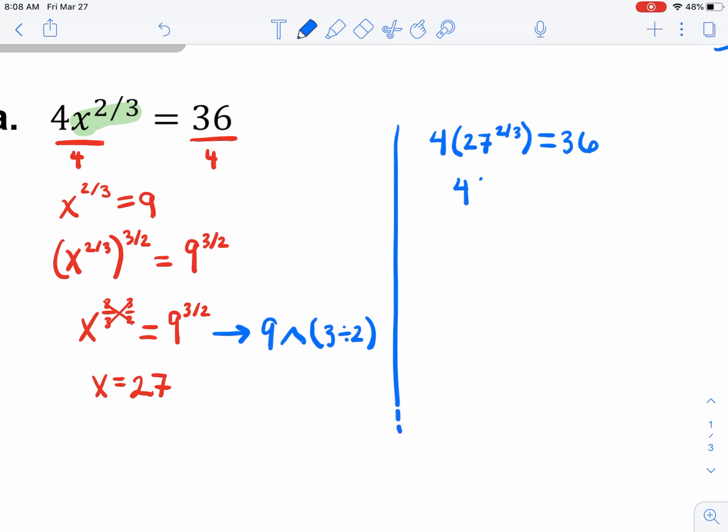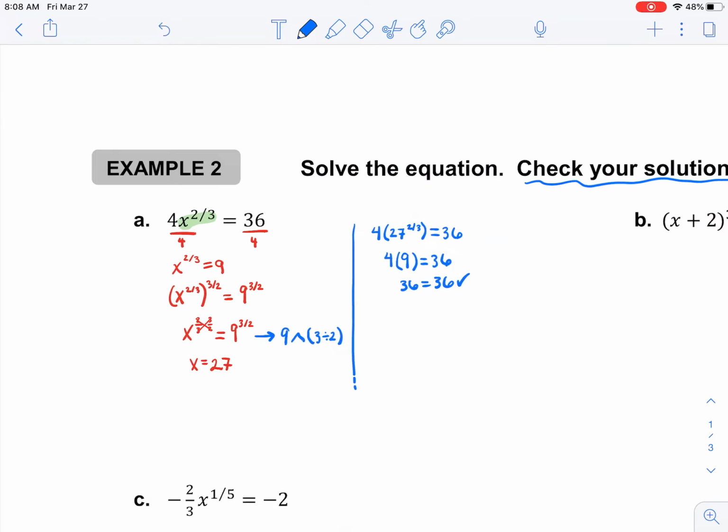So you have 4 times 27 to the 2/3. 27, the third root of that is 9, equals 36, and of course 36 equals 36, so this works. Right, so that's the first one.